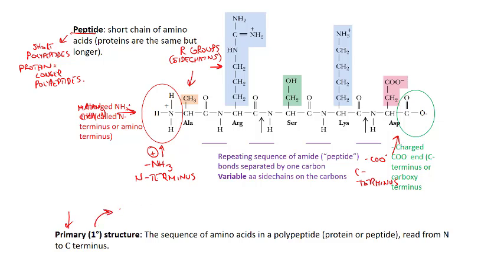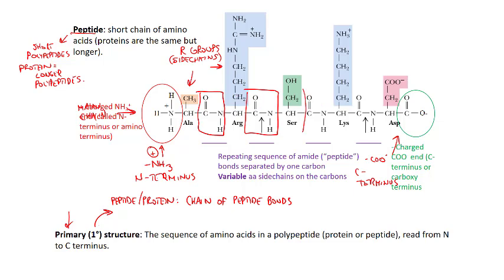So it's important to understand a few things about our polypeptide chains. You can think of a peptide or a protein as a chain of peptide bonds, right? Because we see peptide bonds linking every single amino acid in the chain. So when you look at a peptide bond, what kind of intermolecular forces do you think are going to be active with this group?